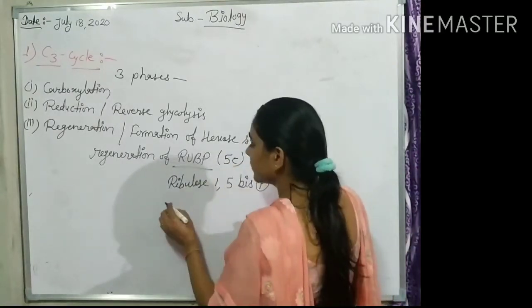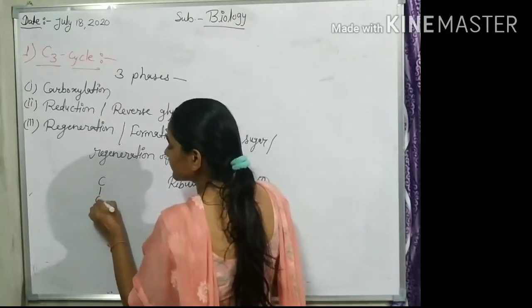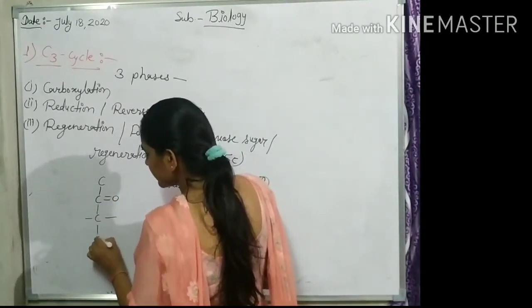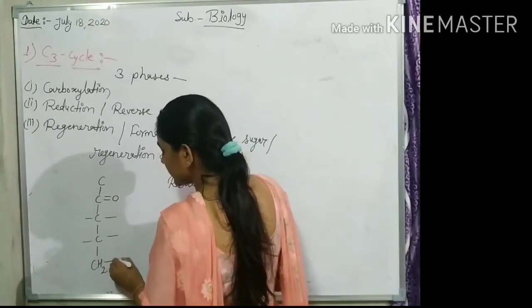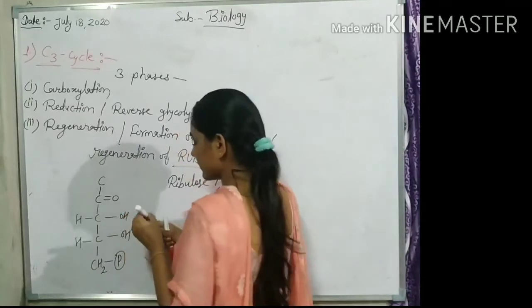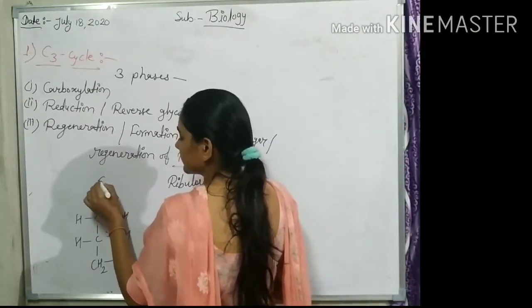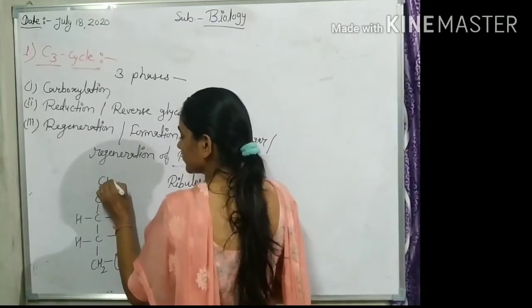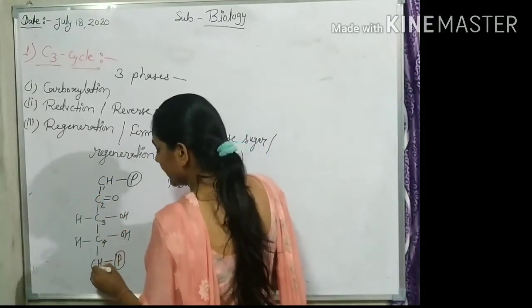The structure of ribulose 1,5-bisphosphate has first, second, third, fourth and fifth carbon.